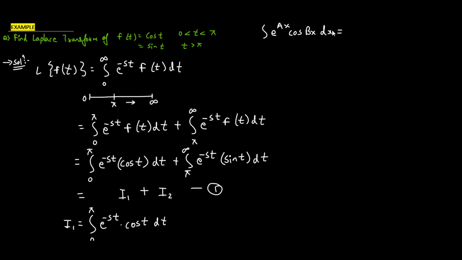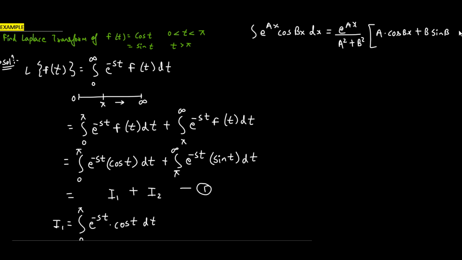You will get the videos related to this formula and how to prepare it. It equals e raised to ax upon a square plus b square, then a cos bx plus b sin bx.